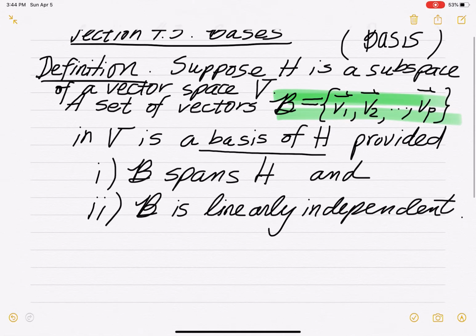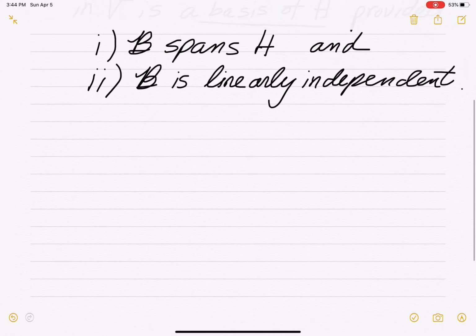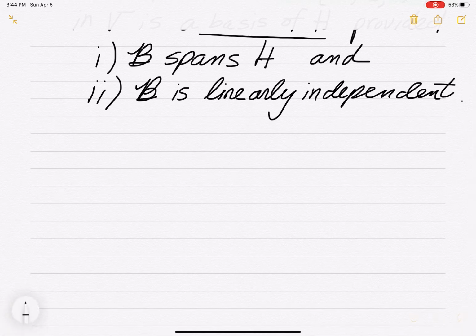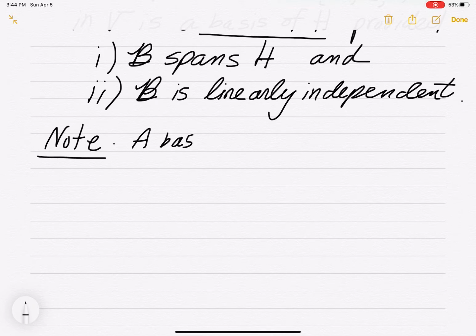So essentially, here's a little note. What is a basis in reality? A basis is a set of vectors. It has to span your subspace, so that means you can build your subspace from it.